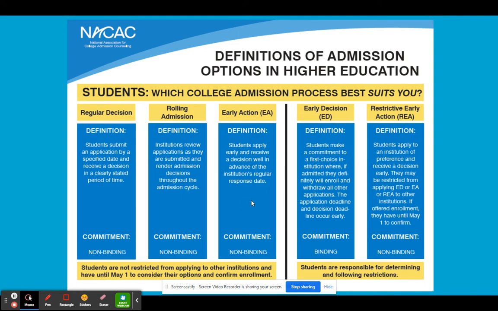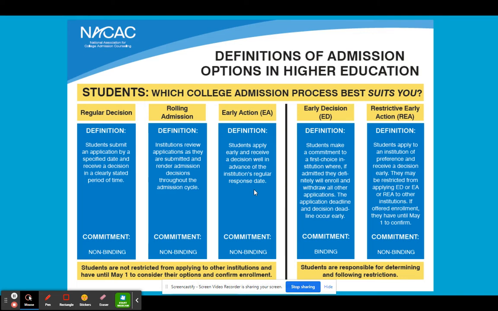Early action. Early action means students apply early and receive a decision well in advance of the institution's regular response. For a Common App school, this is where you're going to see this. Let's say Rice University, just because that one's in Texas. I'm making this up, but let's say Rice has a due date of January 30th.